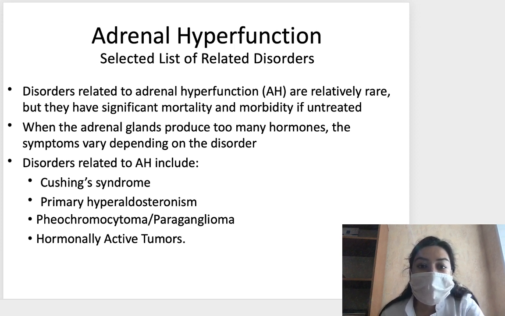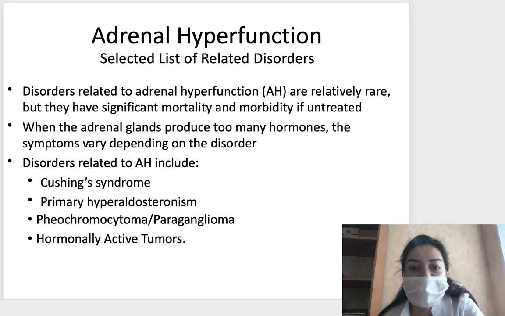Okay, and a selected list of disorders related to adrenal hyperfunction. We start with a new disorder. Disorders related to adrenal hyperfunction are relatively rare, but they have significant mortality and morbidity if untreated.